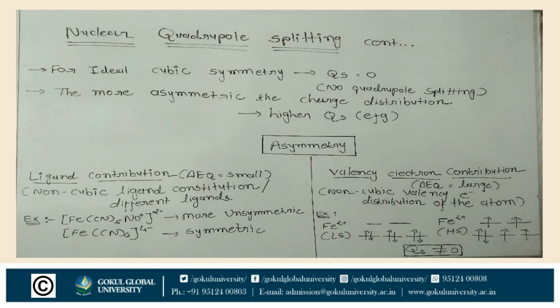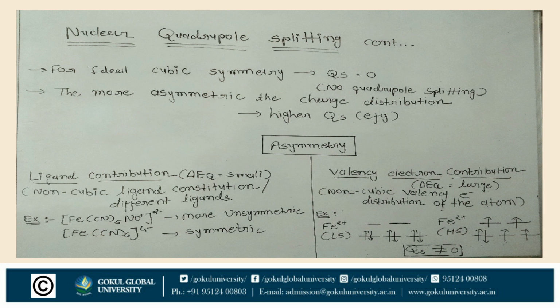For example, if we see two examples, first we see the [Fe(CN)5NO] 2 minus ion, and another is the [Fe(CN)6] 4 minus ion. In the first case, you can see there is one nitrosyl ligand.